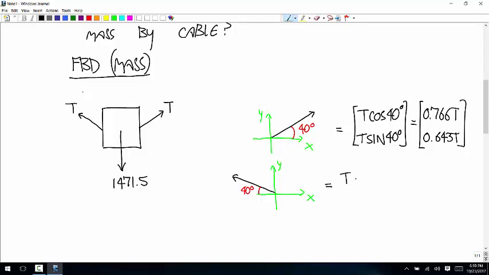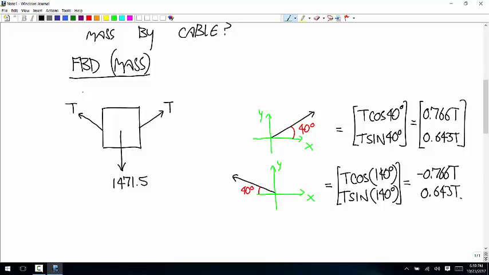And so you get T times the cosine of 140, T times the sine of 140, and that's negative 0.766 T, positive 0.643 T.